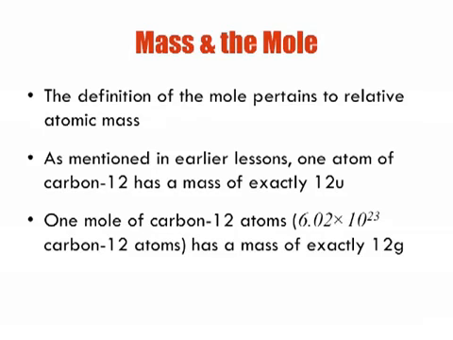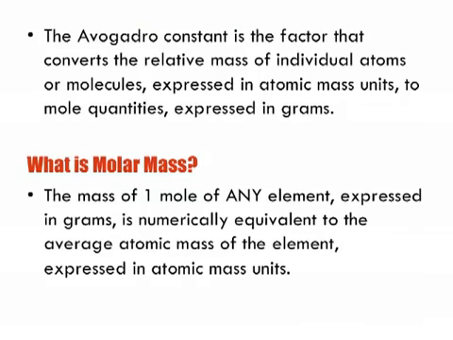So that's the assumption that we're going to compare it to. We look at atomic mass units and compare them to grams for every single 1 mole. The Avogadro constant is the factor that converts the relative mass of individual atoms or molecules expressed in atomic mass units to mole quantities, which are expressed in grams.